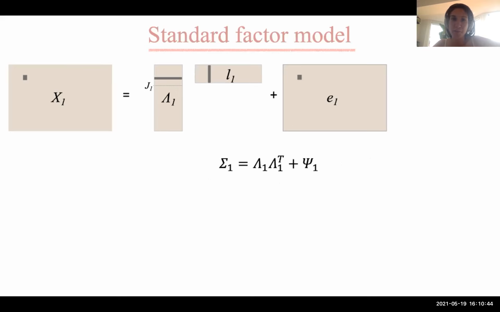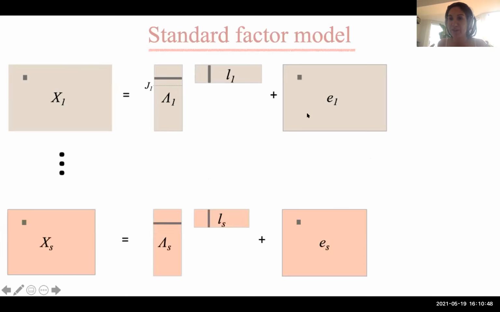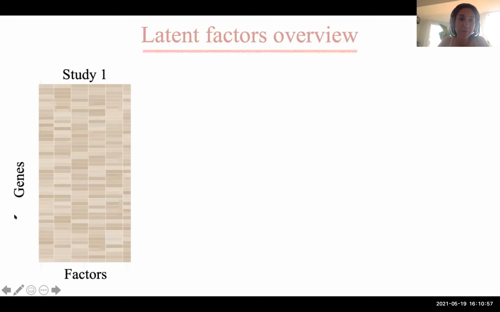So suppose right now that we don't have just one study, we have S different studies. We can perform in each of these studies this factor analysis, and we can arrive at the factor loading matrix. The factor loading matrix generally is represented by a heat map.